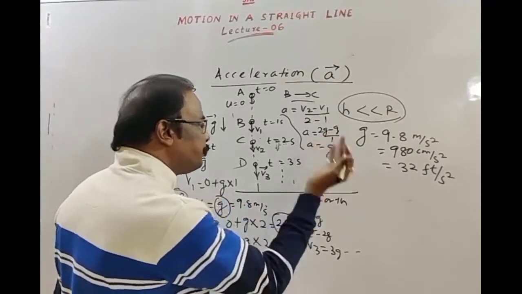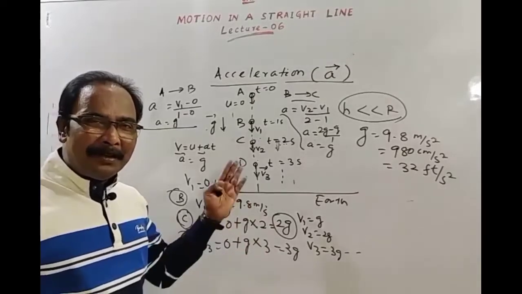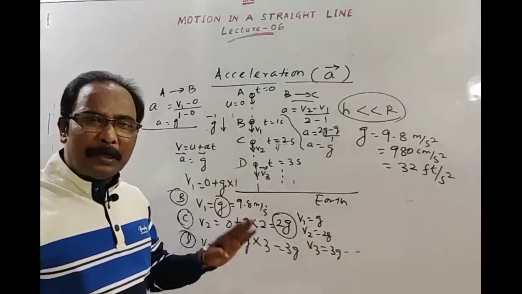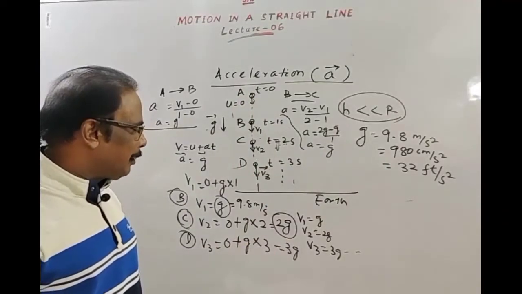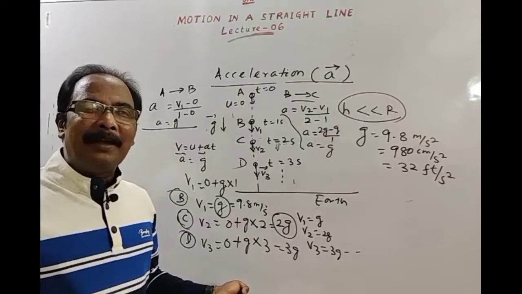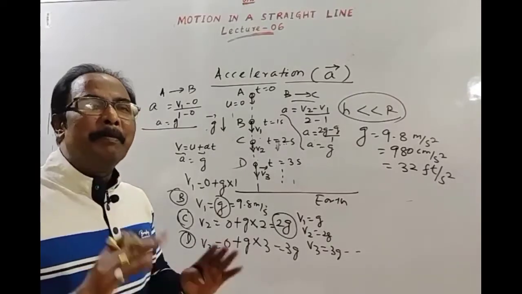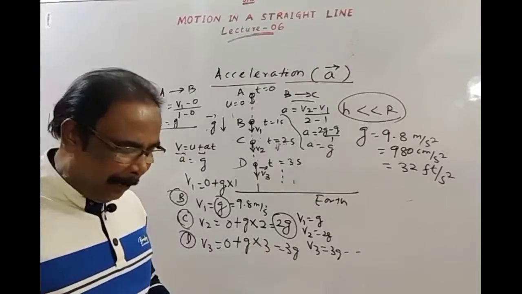Again acceleration is g. This is the demonstration of how to understand and calculate acceleration using the definition: acceleration is the rate of change of velocity, the change in velocity with respect to change in time.